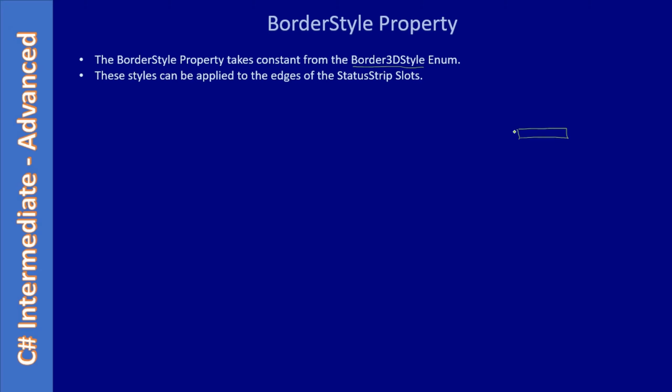Say for example, if you want to apply it to left and top, then this is the left and this one is top. So the border style will be applied. Whatever border style you pick, that will get applied here. So two properties: one is border style, next one is border side. The border style tells what style we picked, and the side tells where we want to apply this picked style.